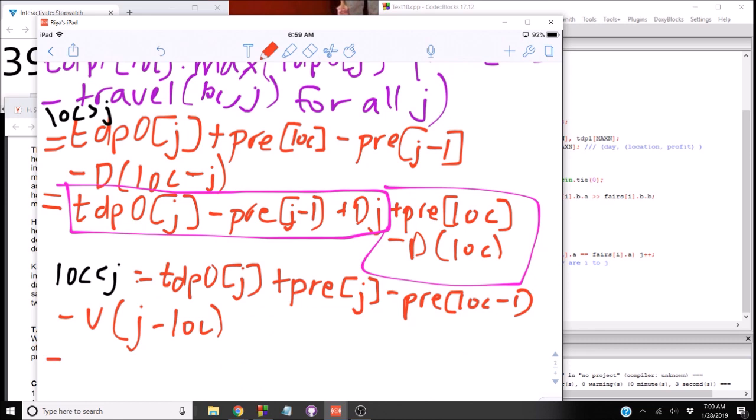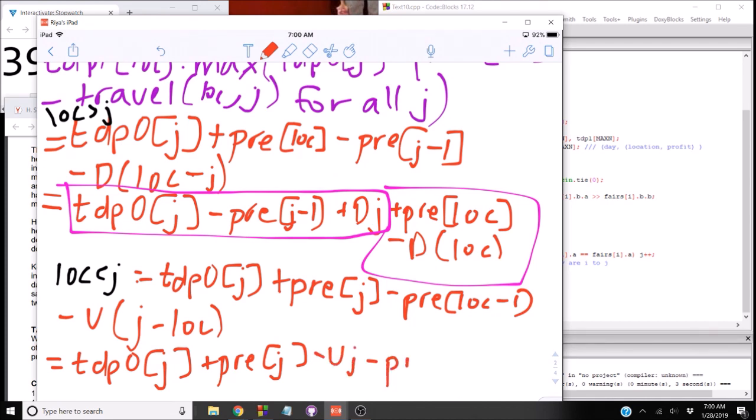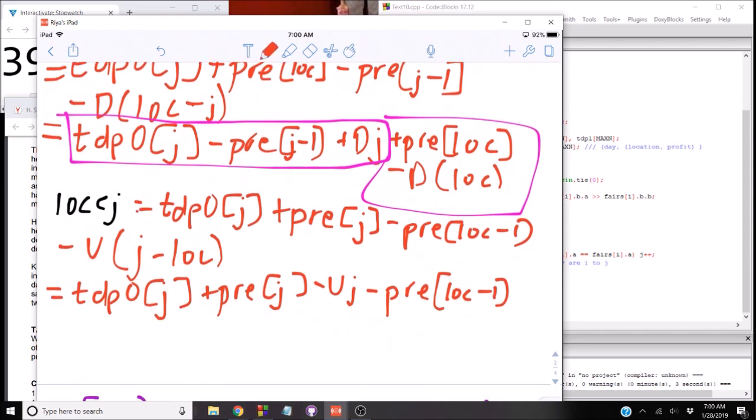Okay, so then this equals TDP0[j] plus pre-j minus u[j] minus pre-lock minus 1 plus u[lock].